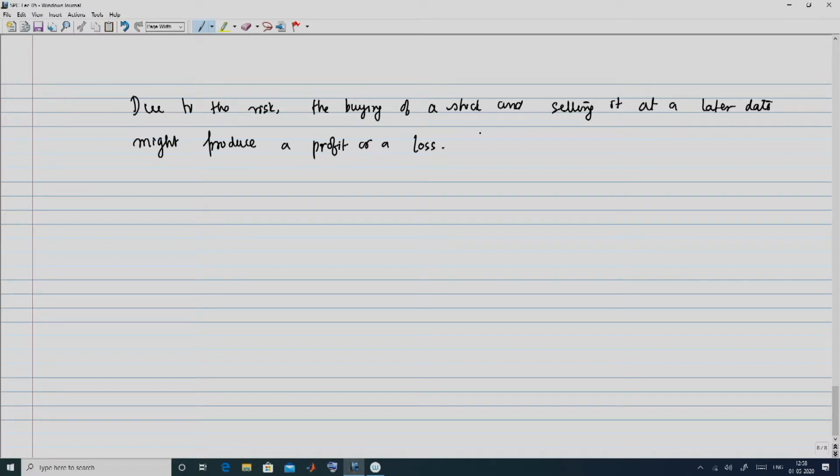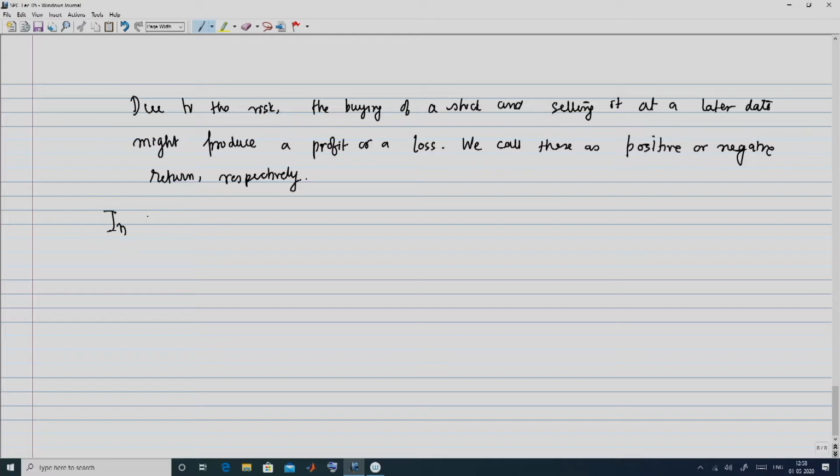So, both of them are a possibility, and we call this profit or loss a positive or negative return respectively.